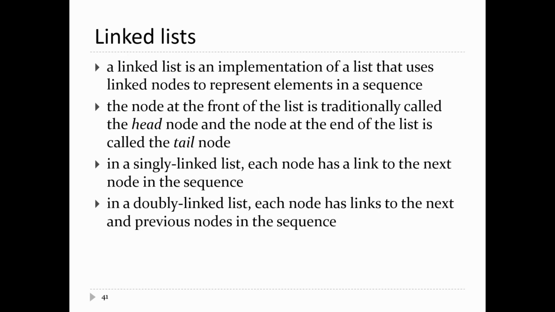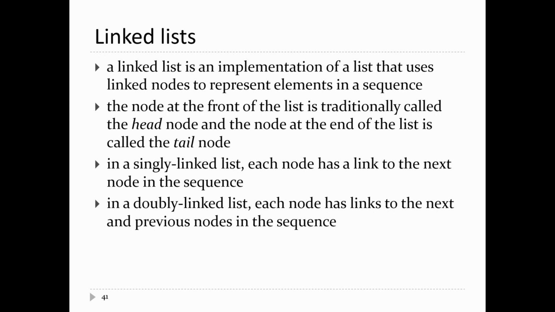All right, so the last major topic in this course for this term anyway, is implementing a list using a sequence of nodes. We're going to implement what's called a singly linked list. A linked list is an implementation of a list that uses a sequence of linked nodes to represent the elements of the list.